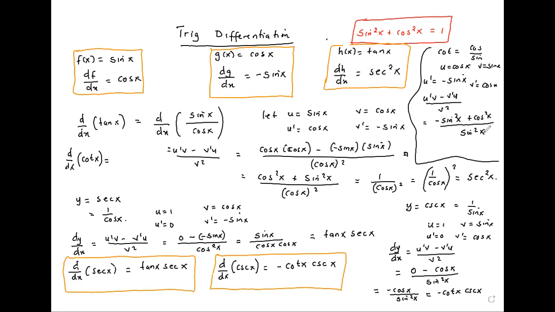Complicated. So this one, I think it's not nice. Cos squared x minus sine squared x over sine squared x.